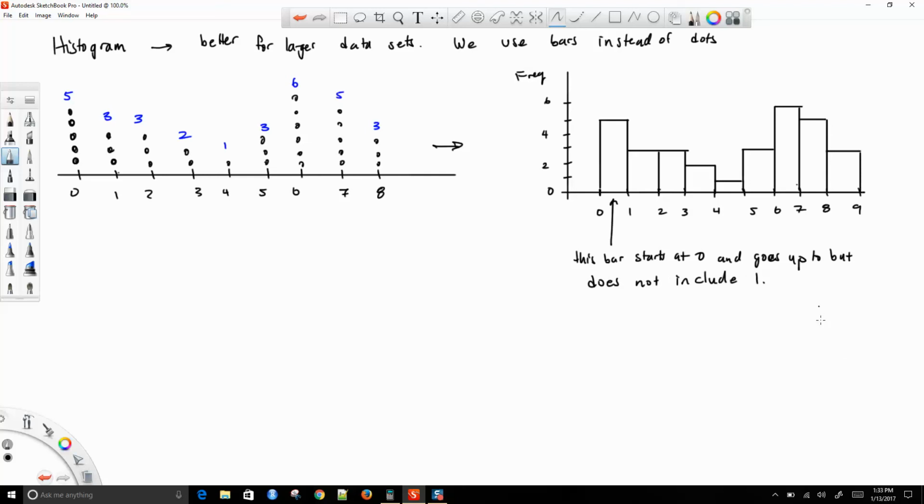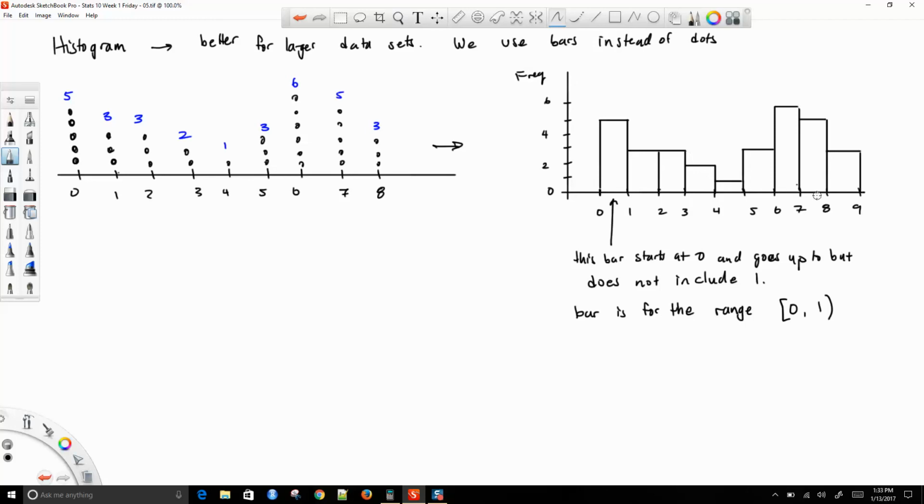So you could think of this bar as for the range, and are you guys familiar with the square brace and the curved brace, to indicate it includes 0, and the curved brace to say up to but does not include 1? And so that's why the bars aren't centered at each number, but rather hang out at these boundaries here.